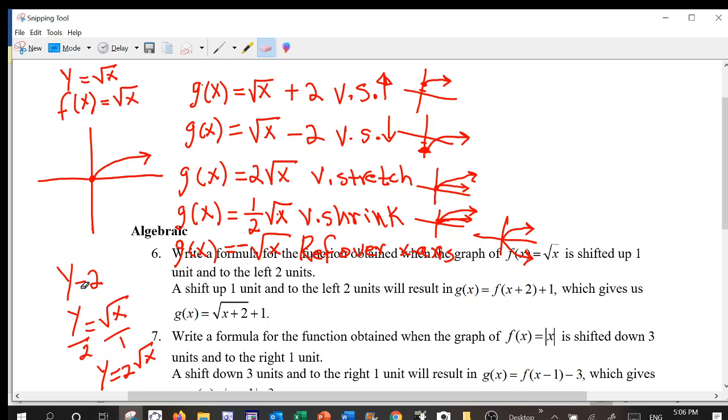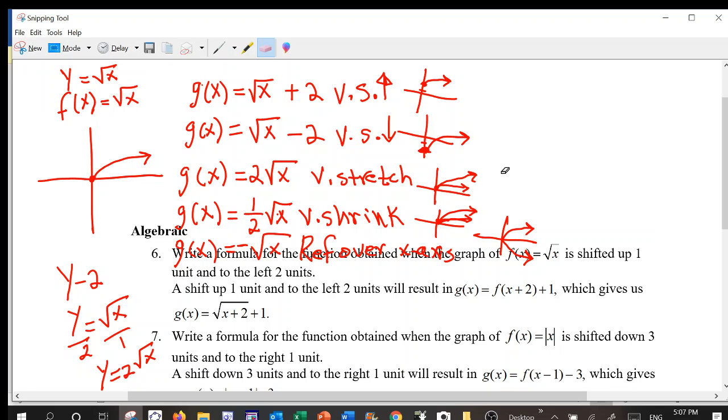But we don't do it this way because we already have y equals the right-hand side, so we're not going to do it to the y in the equation. We're going to do it to the right-hand side. So for vertical transformations, we say whatever happens here is exactly what happens to the y coordinates of the points.